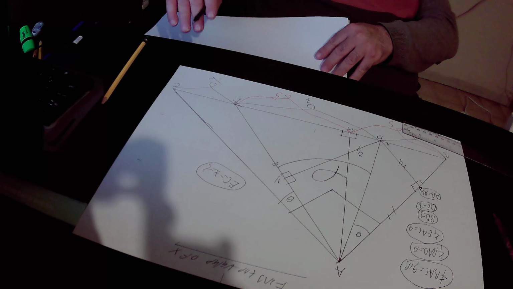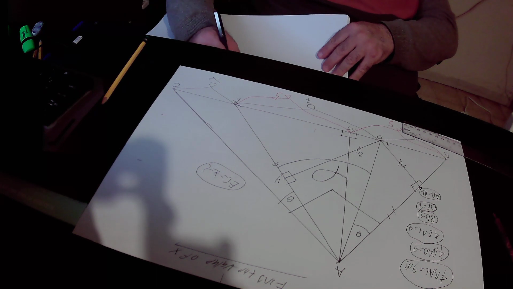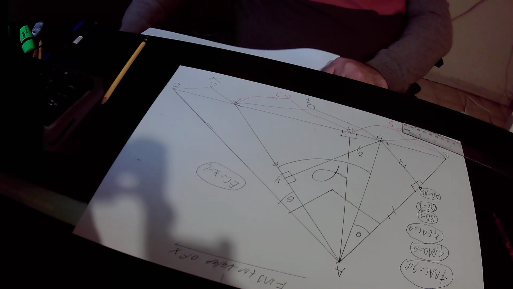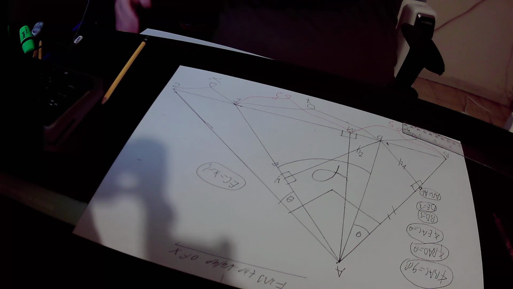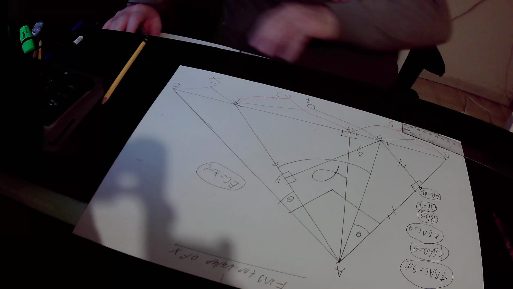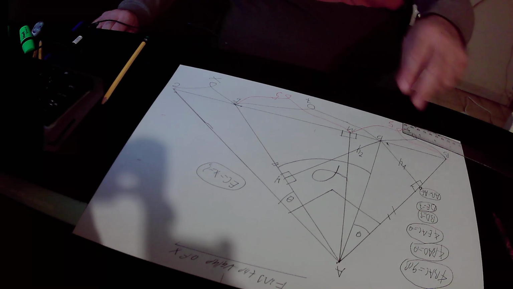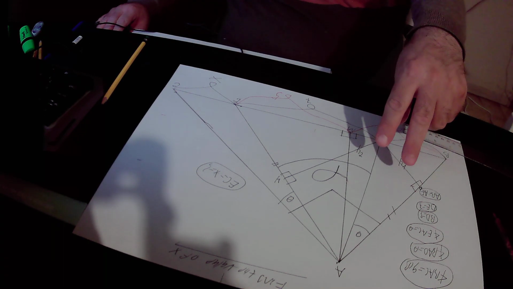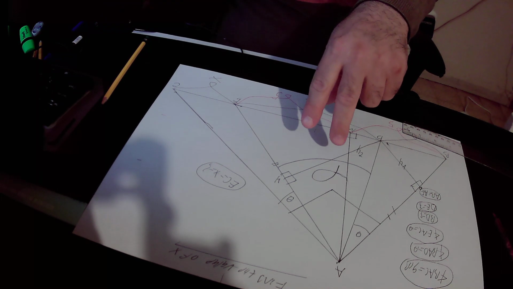We actually proved that all the sides of the right triangle ABM can go into all the sides of the right triangle AME.